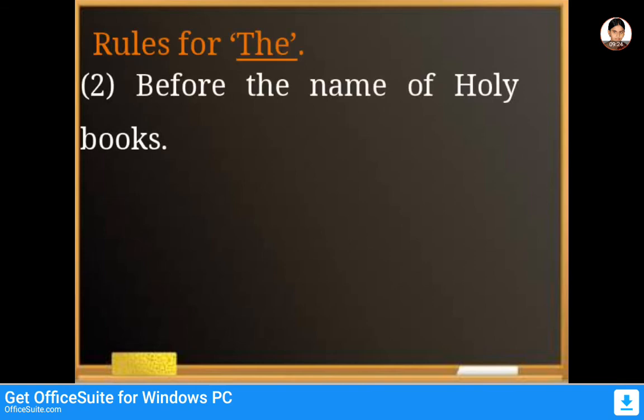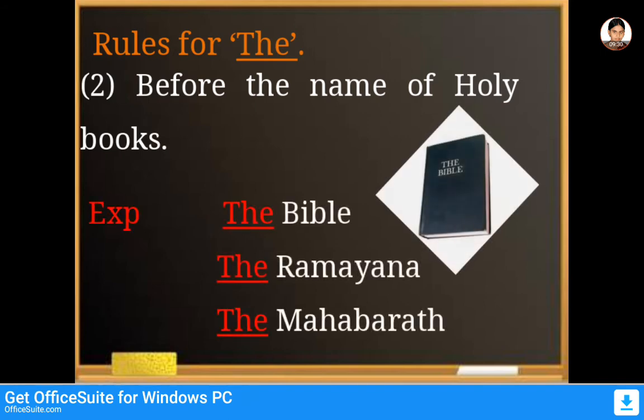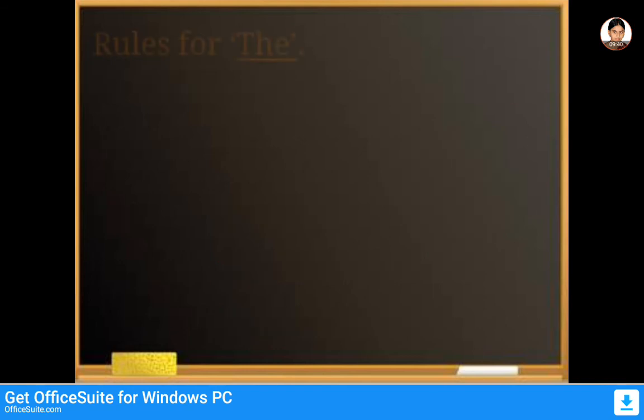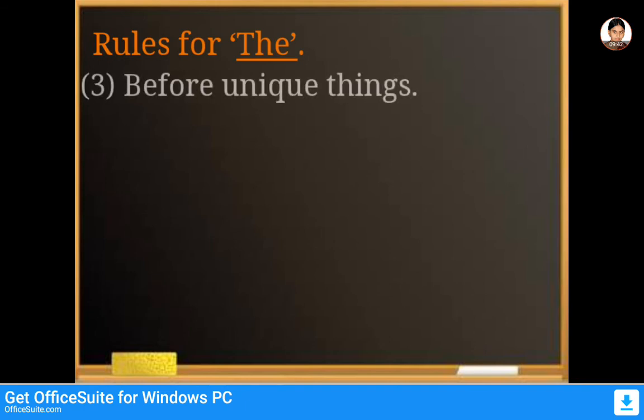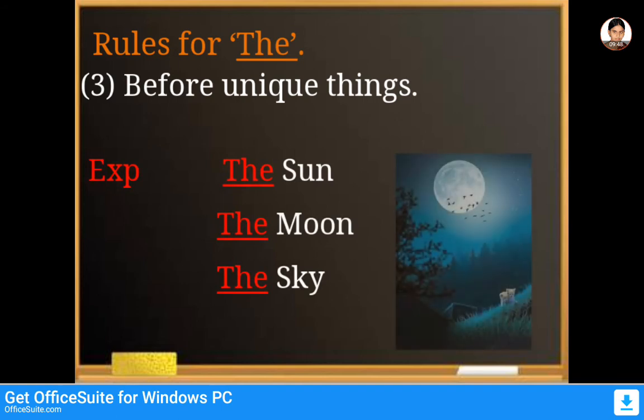Before the name of holy books: the Bible, the Ramayana, the Mahabharata. She reads the Bible every day. Before holy books, we should use "the." Before unique things: the sun, the moon, the sky.